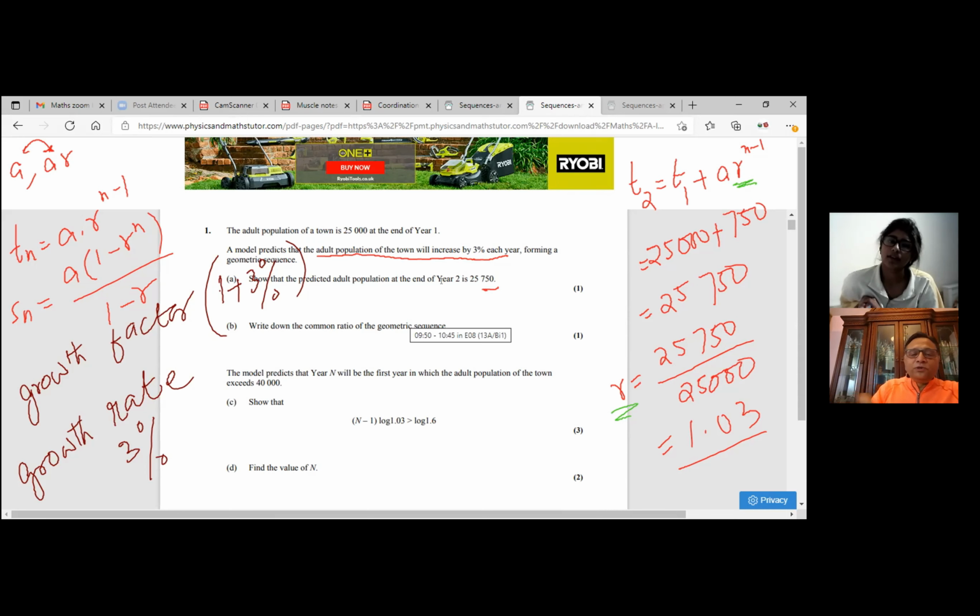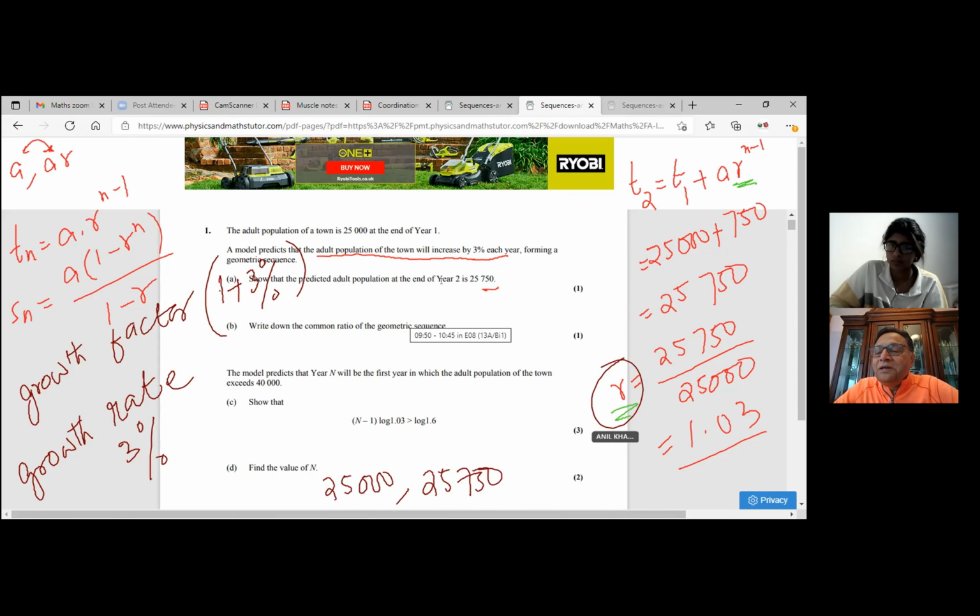So I could have told you that the geometric series is 25,000 and the next term is 25,750. You can find the value of R, which is 1.03, but my question would be, what is the growth rate? What is the rate at which it is growing? 3%. Yeah.